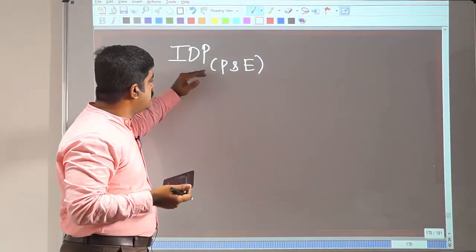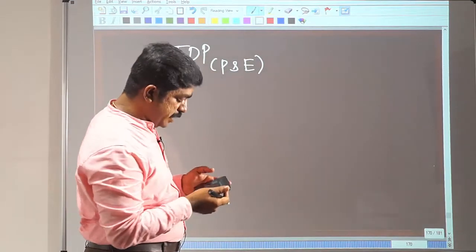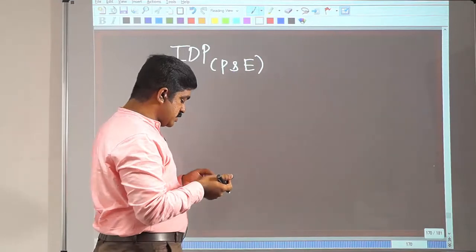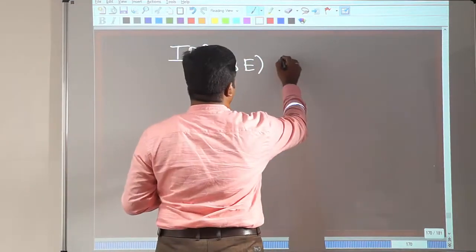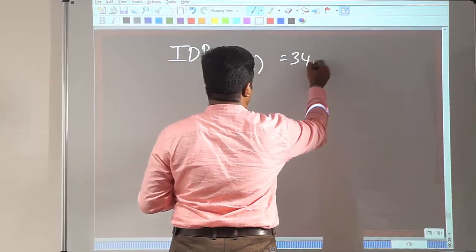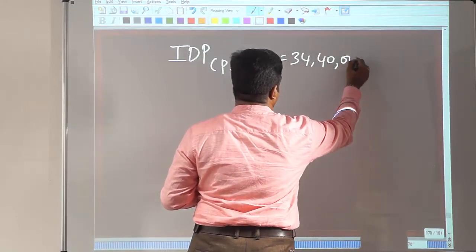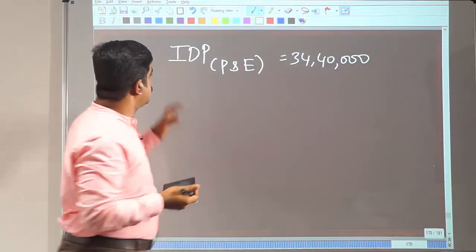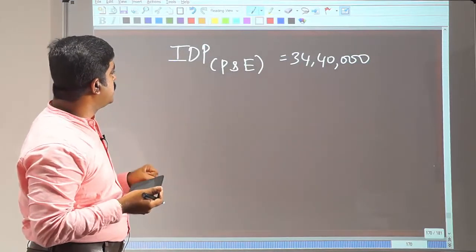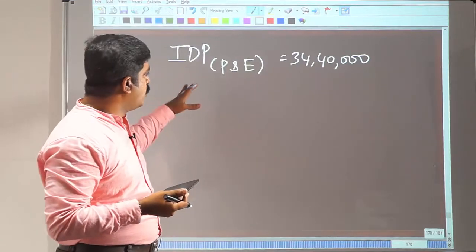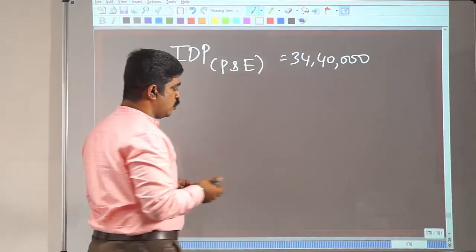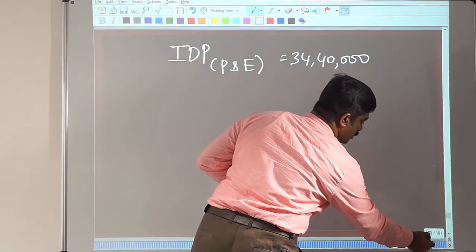If I calculate the indifference point between preference and equity, what I'm going to get is around 34,40,000. So now with this information, let's go and draw the indifference chart.